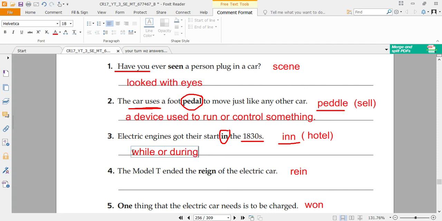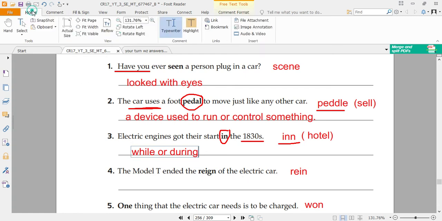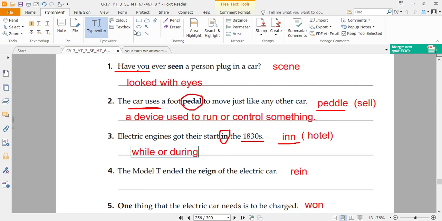Number 4, the Model T ended the reign of the electric car. Here we have two words with the same pronunciation, reign and rein.